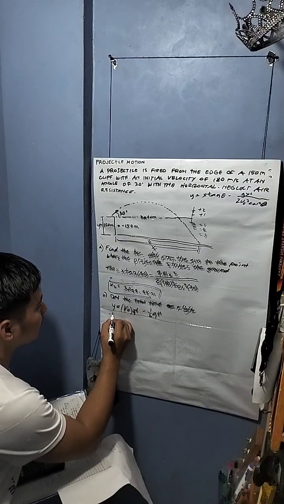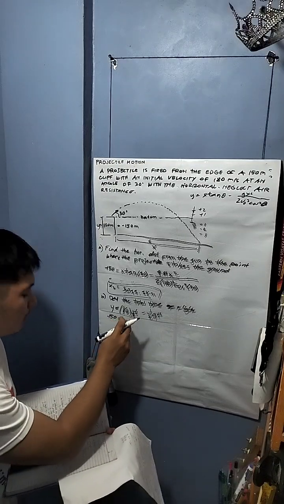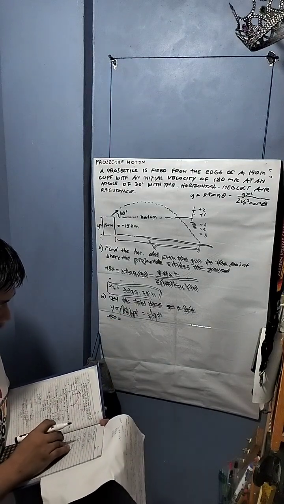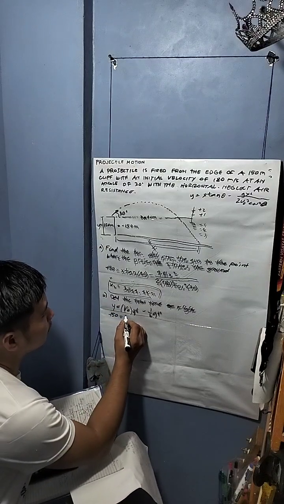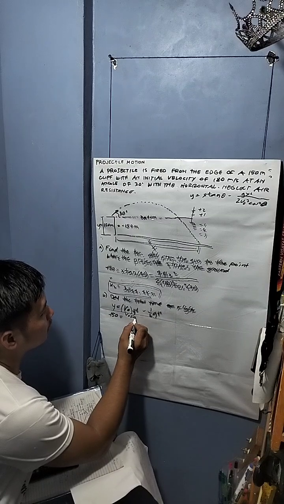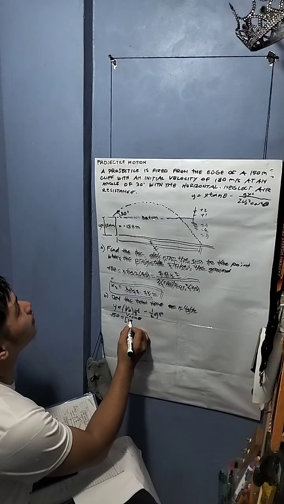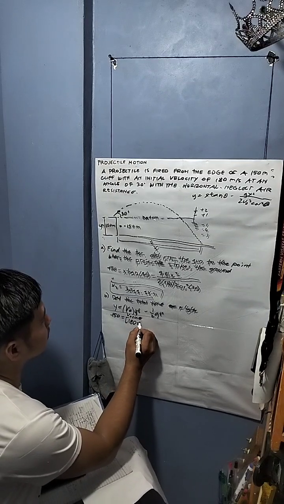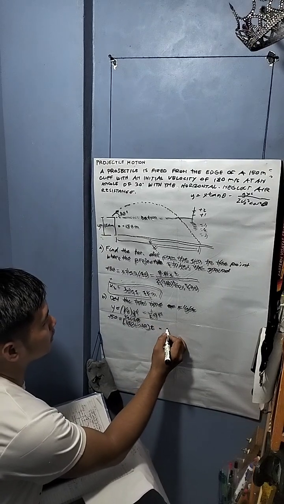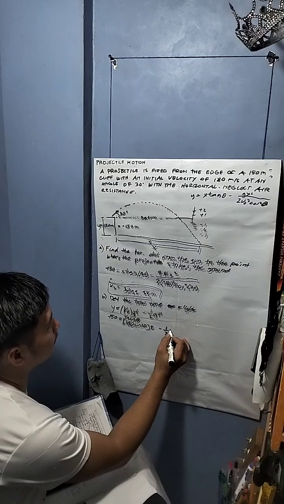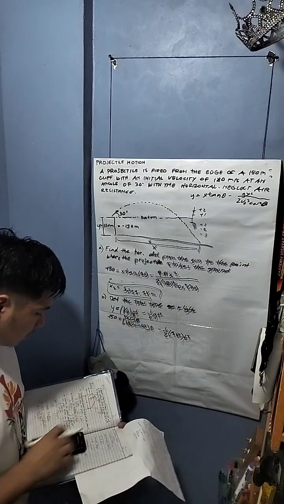Since our y is negative 150, and it is equal to the v naught y, which we know is v naught sine theta, so it is actually 180 sine of 30 times the time, subtracted by a half of gravity, which is 9.81, multiplied by time squared.